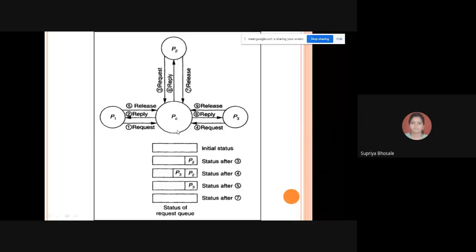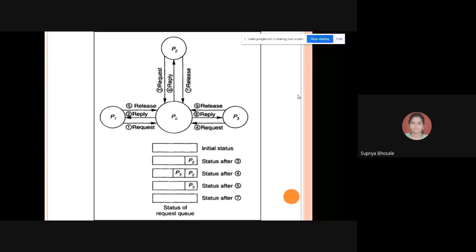So after 7 immediately the coordinator will send the reply message to P3 that now you can enter into the critical section. बरोबर आहे? सो लगेचच इथला हा क्यू मधला P3 जो आहे तो या 7th रिलीज नंतर निघून जाणार आहे. निघून जाणार आहे म्हणजेच काय, या क्यू मधून निघून जाणार आहे. अँड immediately he will be entering into the critical section P3.